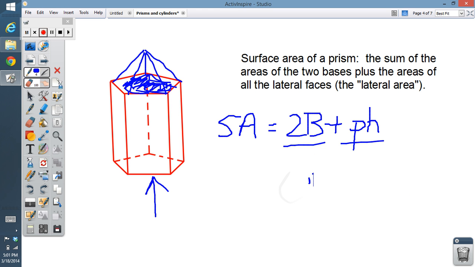All right, but in general, we're going to talk about the fact that the surface area of a prism is going to be equal to 2 times the base plus the perimeter times the height. Now, you'll also see this is why it's so important, that last unit that we did in figuring out areas of polygons.